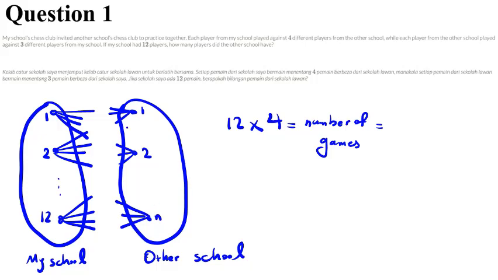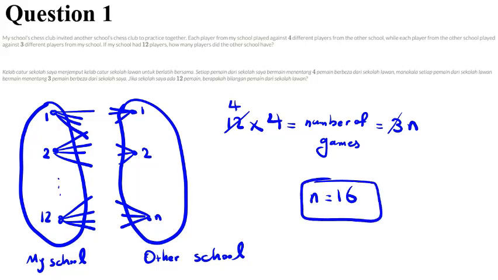Each of them played 3, so it will be 3n. If you divide both sides by 3, it will be 4, so n will be 16. So the answer of this problem is 16.